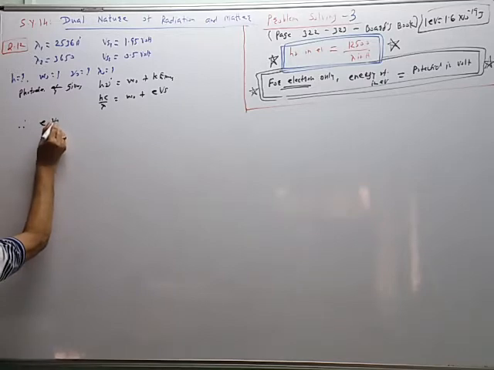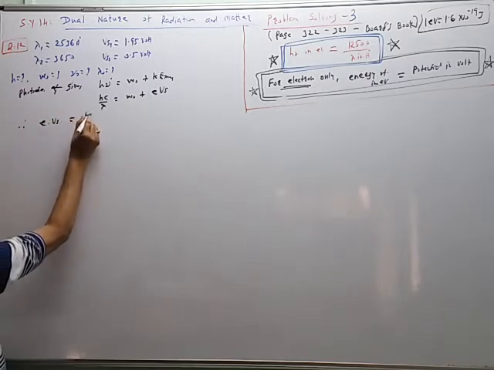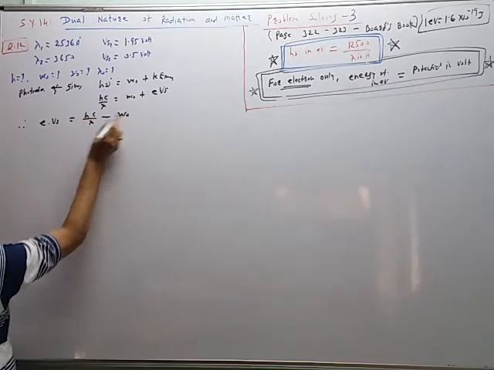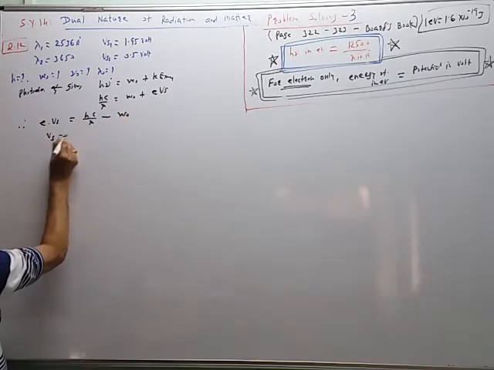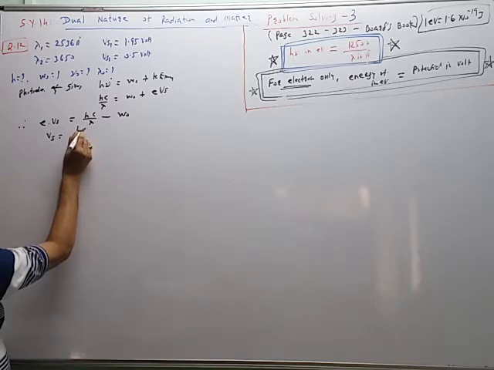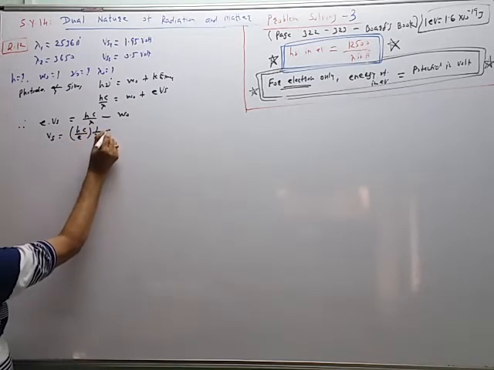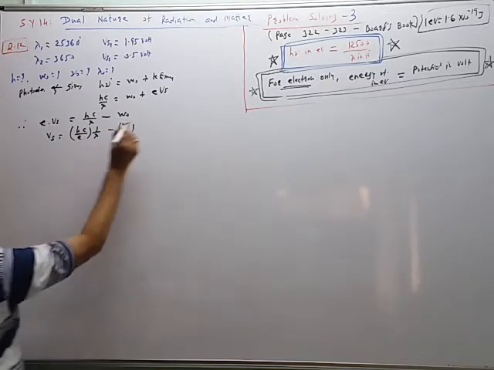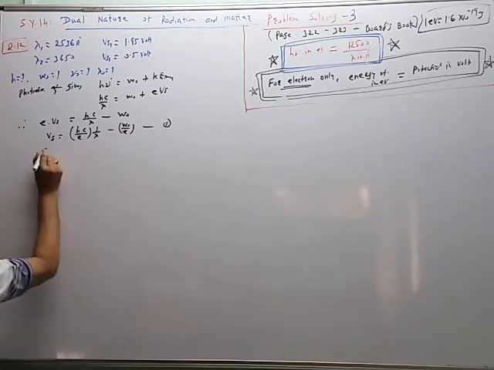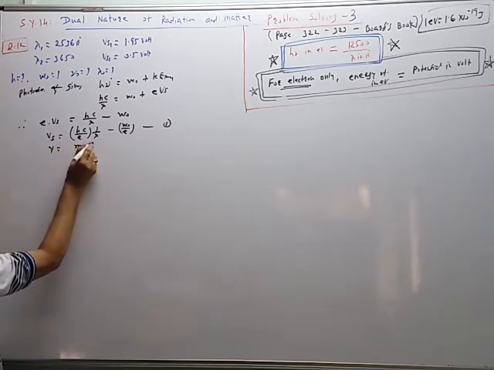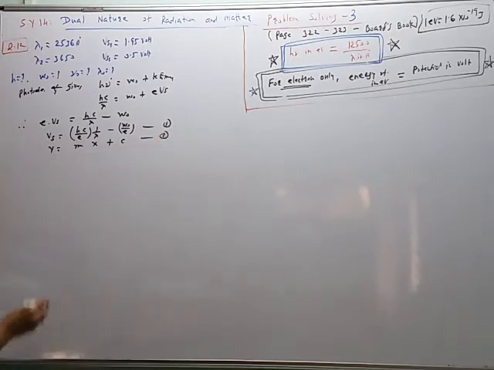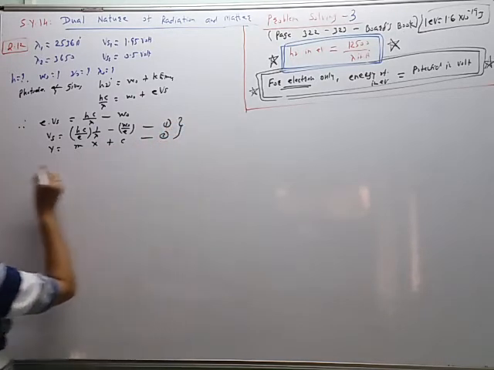Therefore e into Vs is equal to h into c upon lambda minus W0, and therefore Vs is equal to h c by e into 1 upon lambda minus W0 by e. So this is equation 1. y is equal to mx plus c. This is equation 2.